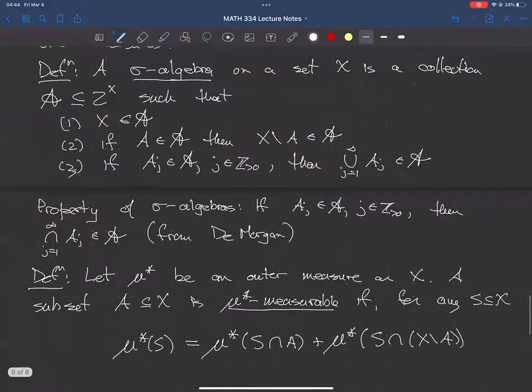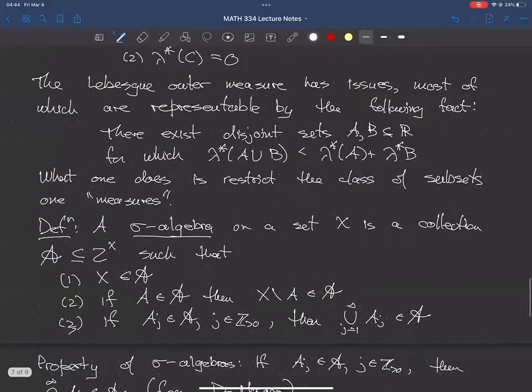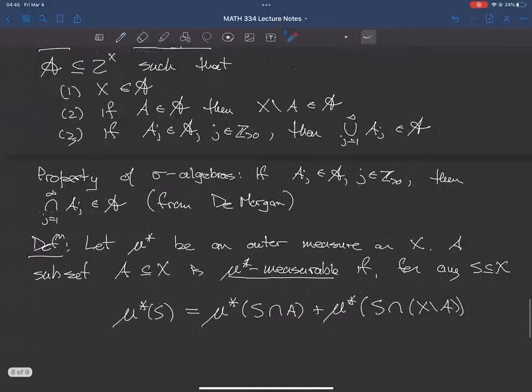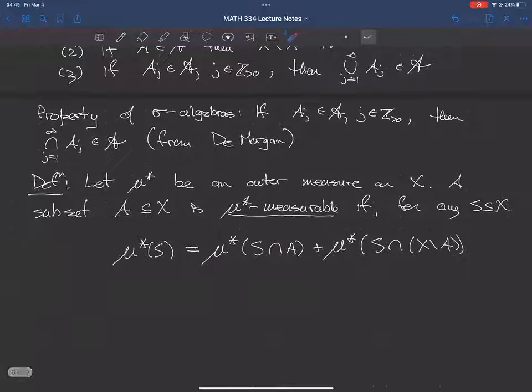And so you can see here that this is kind of getting at a situation like this, because these two sets are obviously disjoint.